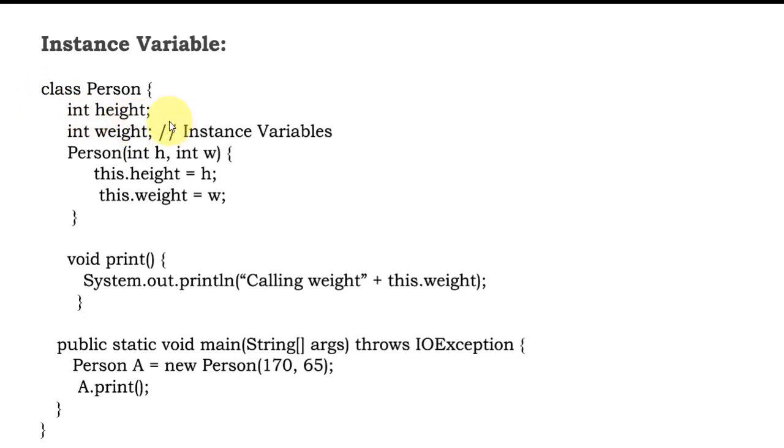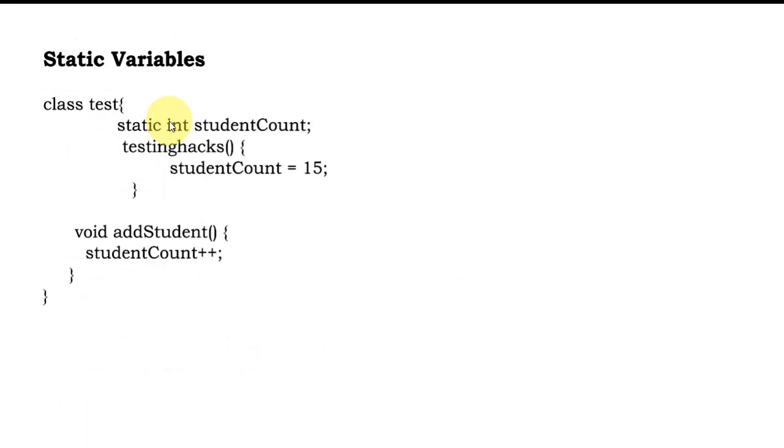Next are the static variables. Static variables are also known as class variables. How will we identify them? They have the static keyword, and the variable is declared along with static. In an instance variable, I created it at the class level, and that value can be altered.